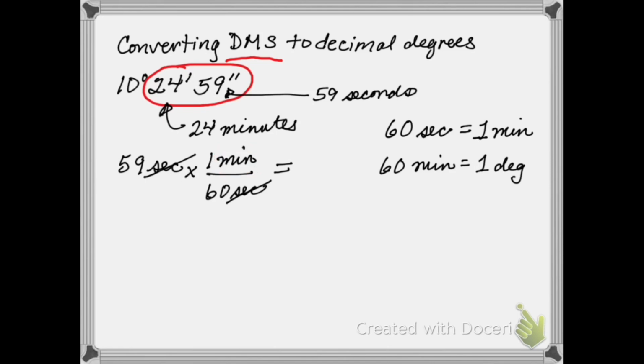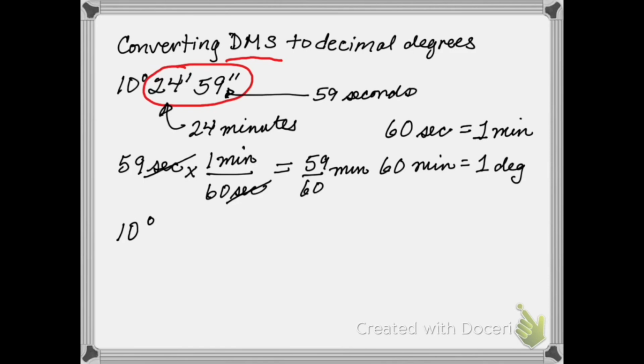So I've got 59 60ths of a minute, which I could convert to a decimal, but I'm going to hold off on that for right now.